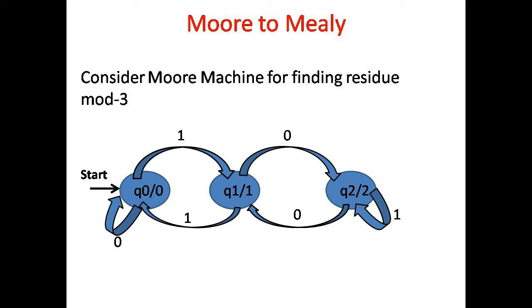By using this diagram, we can construct the del transition function table and lambda state function table, where the states are Q0, Q1 and Q2, and the output alphabet delta is 0, 1 and 2. In this diagram, Q0 produces the output 0, Q1 produces the output 1, and Q2 produces the output 2.